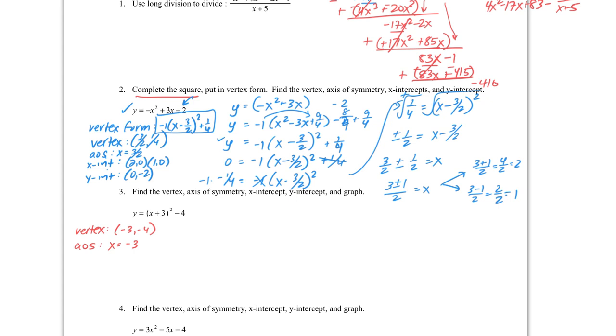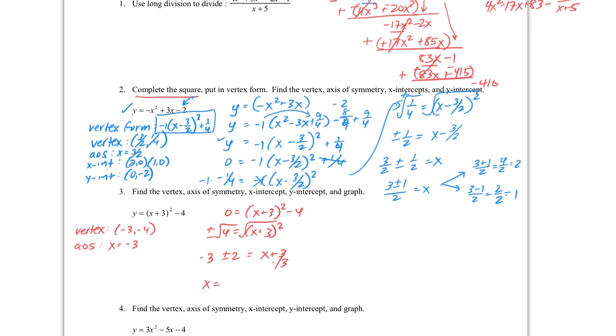My x-intercept, I have to make the entire equation equal to 0. So let's do that. (x + 3)^2 - 4 = 0. I'll add 4 to both sides. Then I will take the plus or minus square root. So I'll get plus or minus 2 equals x + 3. And then I'll subtract 3 from both sides.